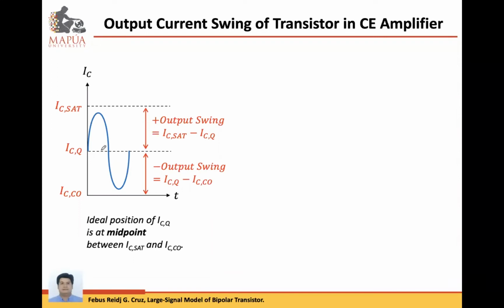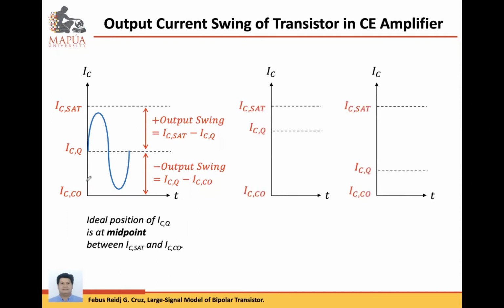Sir, what will happen if let's say the ICQ is closer to IC sat or closer to the IC cutoff? So you have two possibilities. We said that the ideal position is at the middle. But in case, based on the bias circuit, the ICQ becomes closer to the IC sat, then there is a probability that the positive half cycle of the signal will be distorted or clipped.